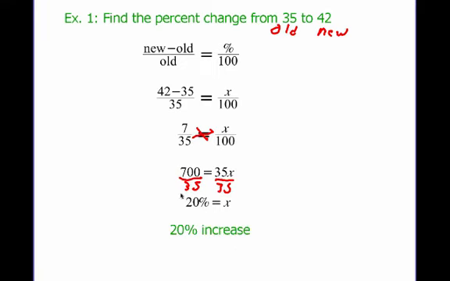Because this is positive, our new number is bigger than our old number, so we're increasing. We're going up by 20%. Another way we could test this is 0.2, that's 20%, times 35. If you do that, you get 7, which is the difference. So the answer is a 20% increase.